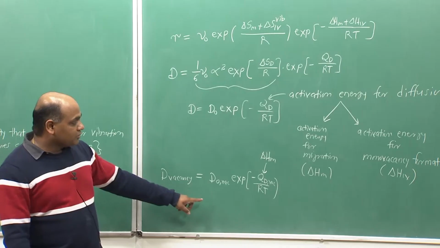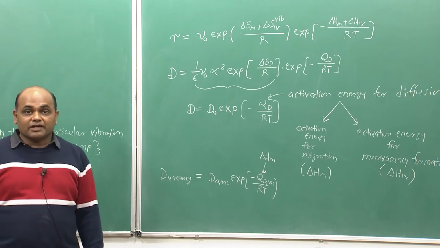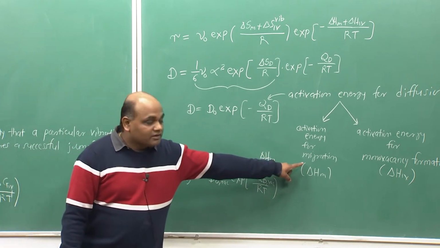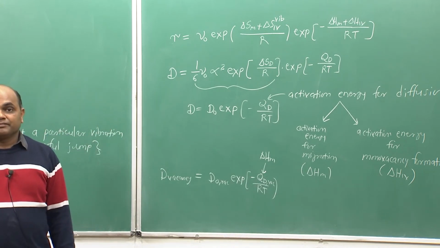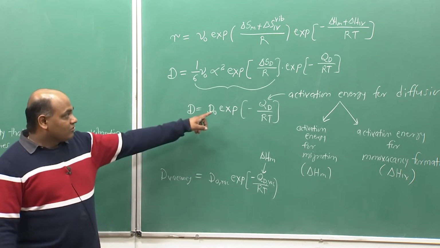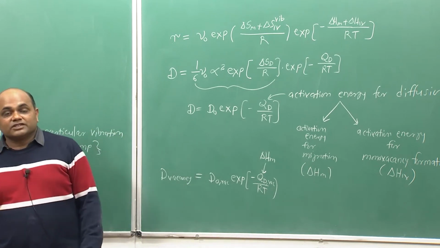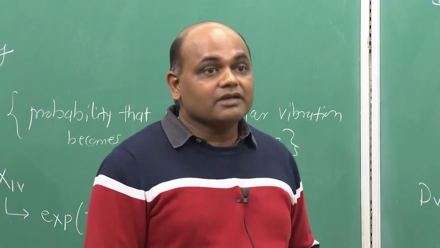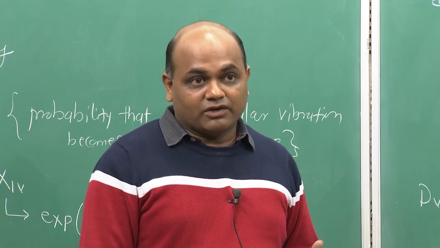And so, the contribution to the activation energy for diffusion of an interstitial atom is only from the activation energy for migration of the interstitial atom. Of course, the activation energy for migration for the substitutional atom will not be the same as that for the interstitial atom, but the only contribution is the activation barrier for migration.